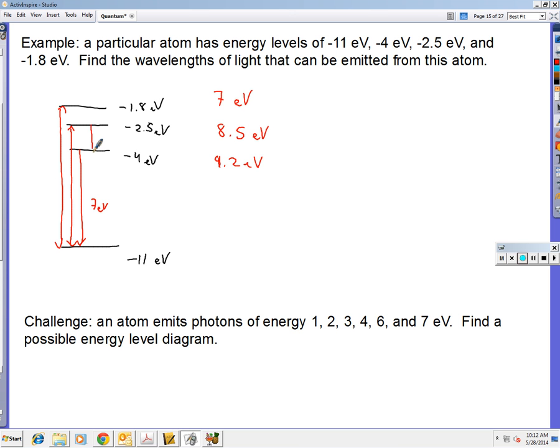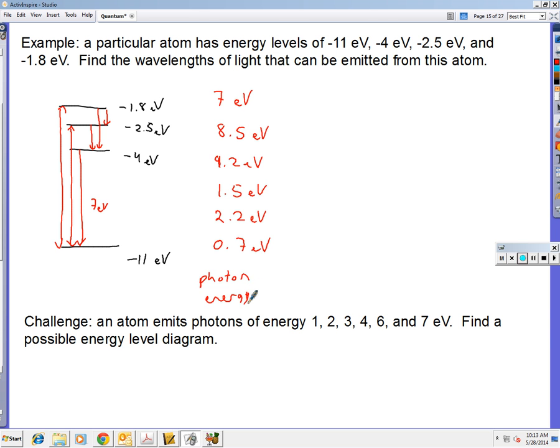You can also go from 2.5 to negative 4, which is a 1.5 electron volt change; from 1.8 to 4, which is a 2.2 electron volt change; and from 1.8 to 2.5, which is a 0.7 electron volt change. So these 4 energy levels can produce 6 different photon energies.